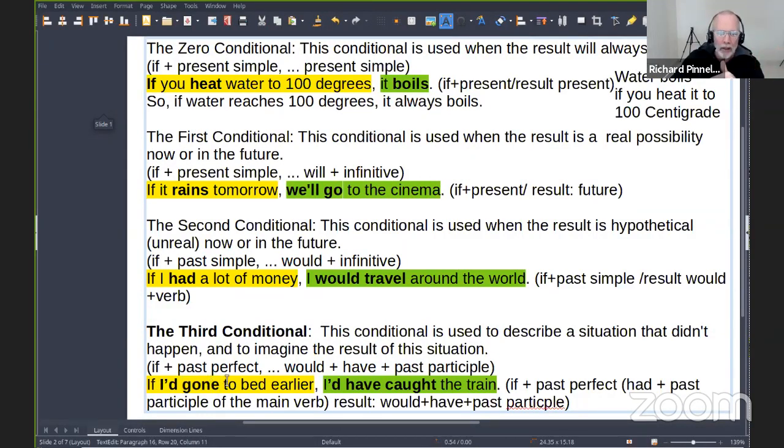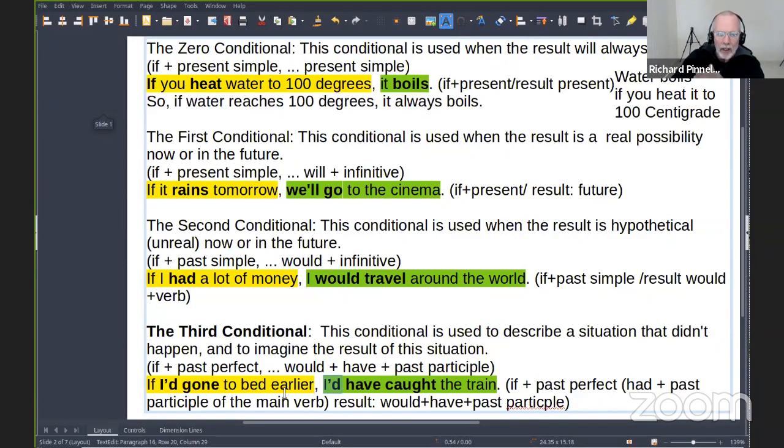If I had gone to bed earlier, we don't normally say had, we just say I'd. And here we need to use would, which is also contracted as 'd, plus have, plus the past participle. So this 'd here in the if part is had. And this 'd here in the result is would.